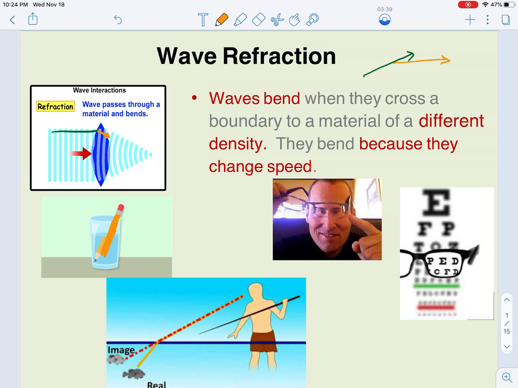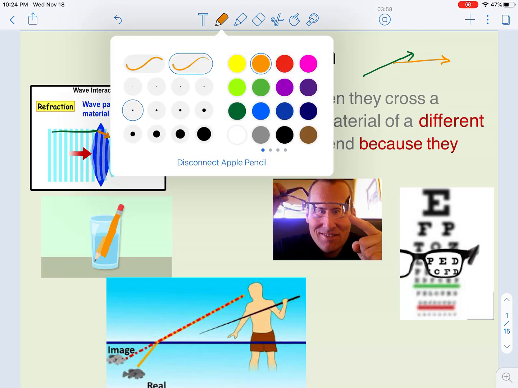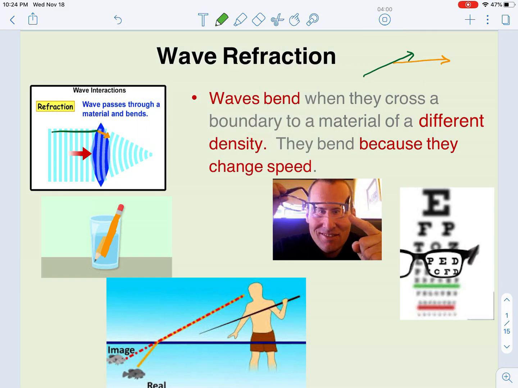So if my pencil stays in the air, then here is roughly where my pencil would be if my pencil were not in the cup, but it was just being held out in the air. But since it goes from the medium of the air into the medium of the water, that change in medium brings with it a change in density.